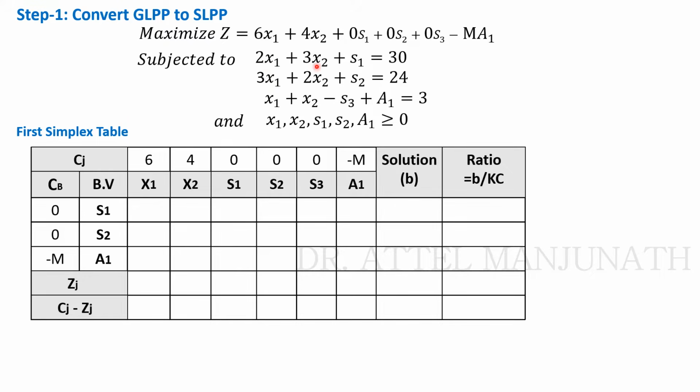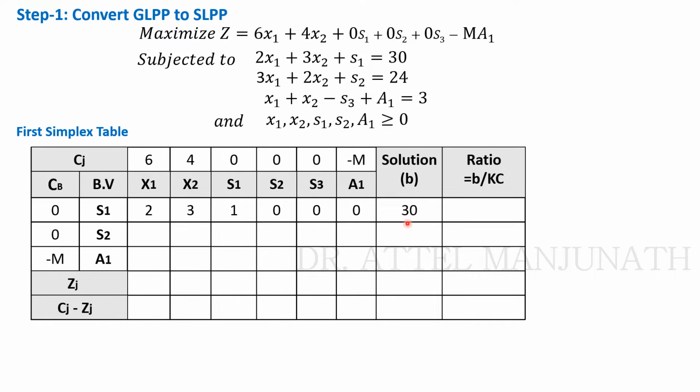Now write down the constraints, that is the coefficients for the constraint equation. Here 2x1, you can write 2, then 3x2, 3, then s1, 1, which is equal to 30. You will get only in the solution column 30, but these three you will get 0, 0, 0, and even the artificial variable it is 0.